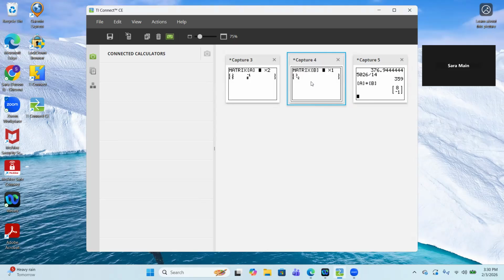The next one I'm going to show you using the TI calculator so that you can actually see me typing them in. So I'll point out how to do that. So let's look at everything together.